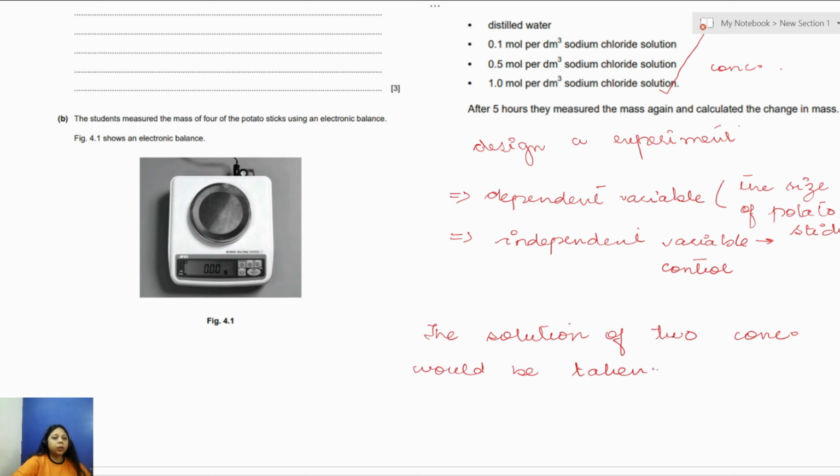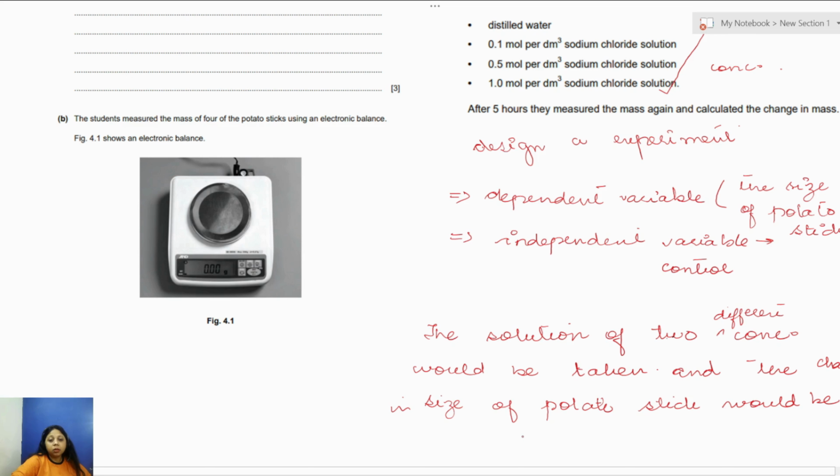And point number two would be that the change in the size of potato stick would be observed. That one is dependent, so we are mentioning independent and dependent. Two different concentrations would be taken and the change in size of potatoes would be observed.